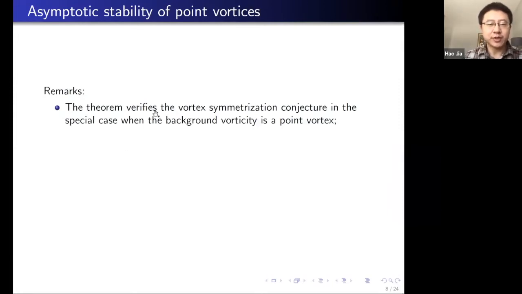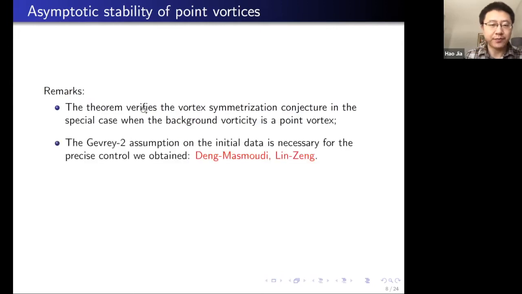So I have a few remarks. Again, the first one I already talked about a little bit. This is a special case of the vortex symmetrization conjecture. Also we need the Gevrey-2 regularity on the initial data, and this is kind of necessary if we want to have the precise control we obtained in the paper. This has been demonstrated by Deng and Masmoudi.